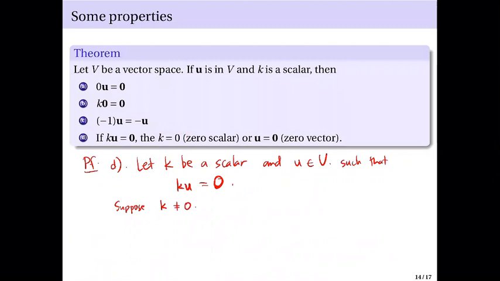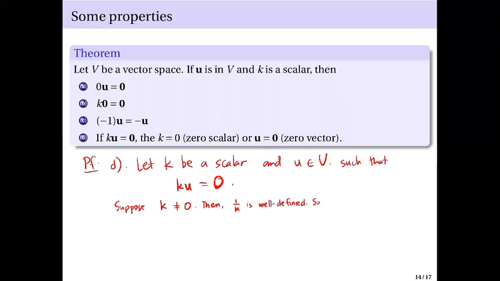But this is easy. Why? If k is not equal to 0, it's a scalar, it's a real number, then 1 over k is well defined. The reciprocal is well defined. Take note, k, it's a scalar, it's a real number. We can do this reciprocal thing.